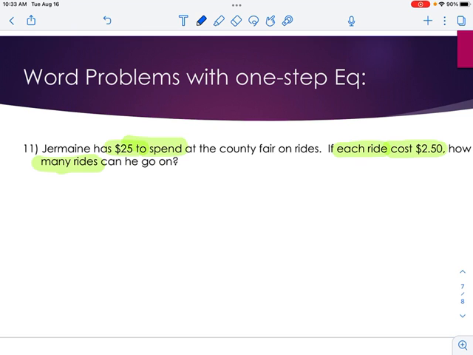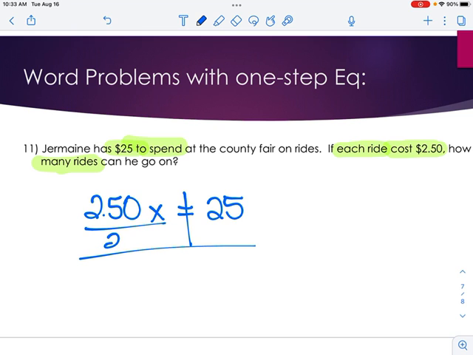How am I getting that? Well, hopefully you understand that we're using multiplication. We're taking $2.50 multiplied by X, whatever that is, and that would tell me is equal to how much I can spend, which is 25. At that point, I'm going to divide by 2.50.